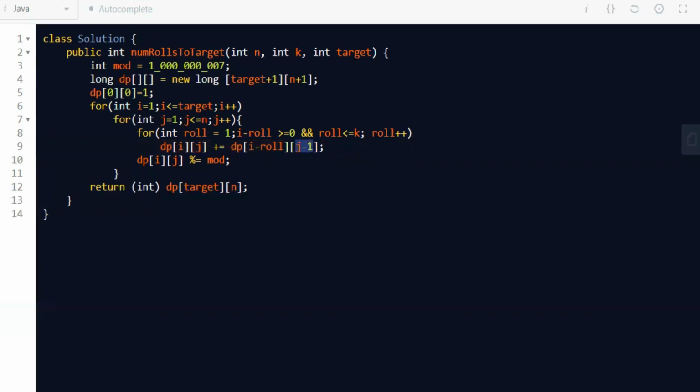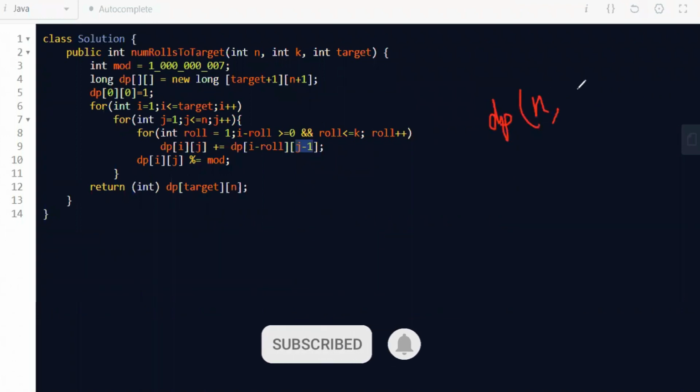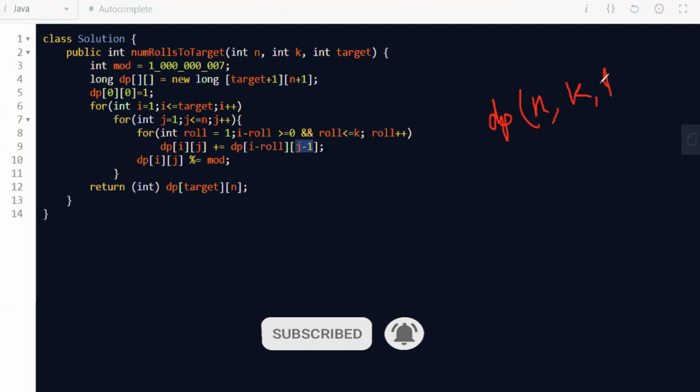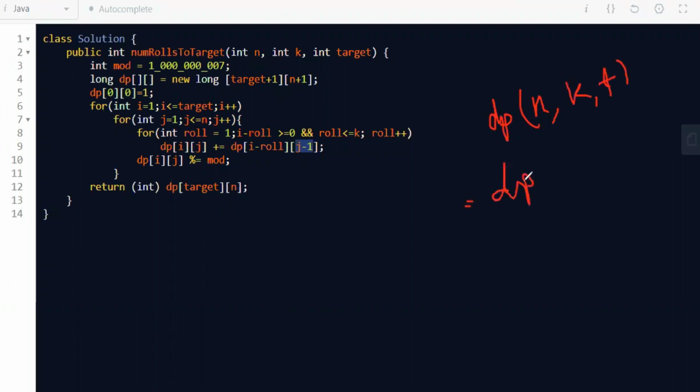As we saw in the examples, we had dp of n, there was k, and there was t, right? So this was the condition we're going ahead with, and in that we got something like dp of n minus 1. Remember, that was the case. n minus 1 is common to all, so j minus 1 is common to all, and then k remains constant, so that was not the case. And then the last case we got was t minus k, right? So that was the last case, and that's what we're doing.